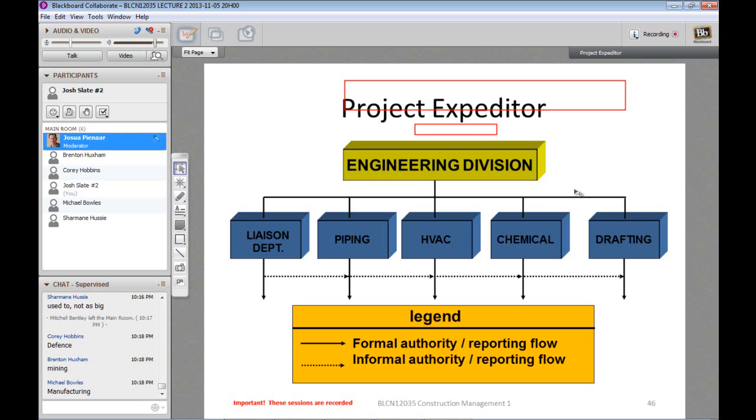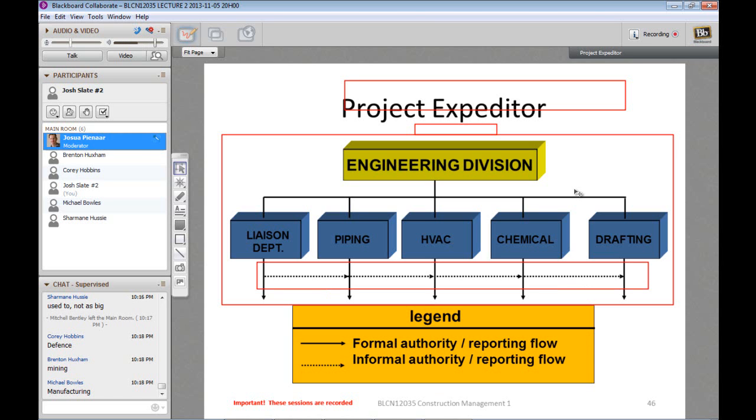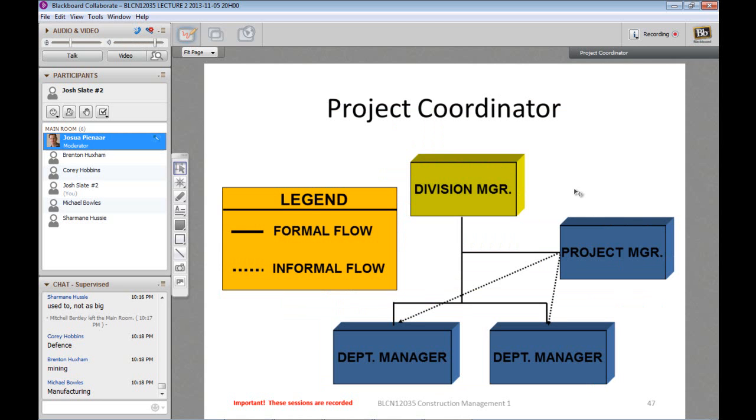So this might be part of a bigger structure. You can see there's our communication lines, so the formal authority reporting lines are the ones coming from the top down, but they can also report within the separate divisions, making the information flow a little bit easier in terms of communication between the different divisions.